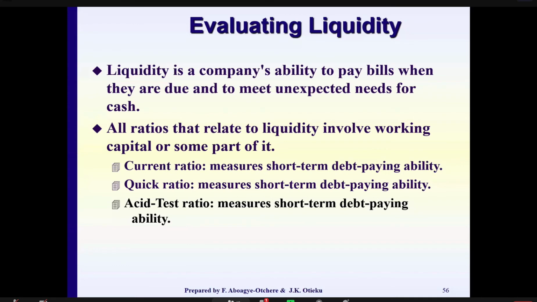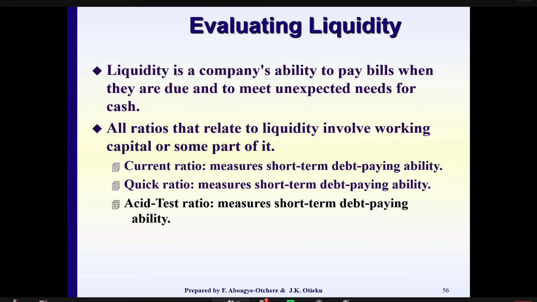Now, we mentioned that if we are evaluating liquidity, we are looking at how the current assets cover current liability, and we try to refine the formula as we go along. The reason why we refine is we want to determine the liquidity of the assets and the valuation of the assets.